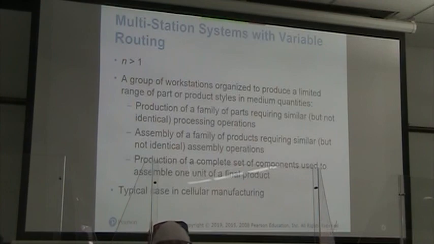So we have families of parts that we're producing that require similar but not identical processing operations. Assembly of a family of products requiring similar, but again, not identical assembly operations. And production of a complete set of components used to assemble one unit of a final product. This is typical in cellular manufacturing.